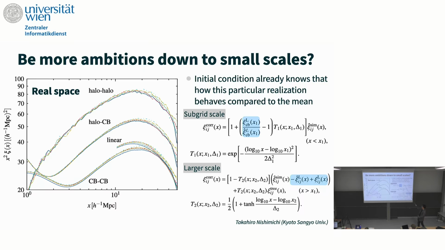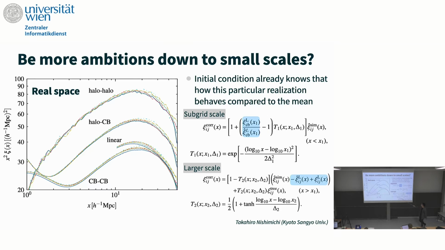Anyway, this is nasty, but on large scales, this one is the propagator. This is the direct simulation result with some correction to account for differences between realizations. On very small scales, we combine grid-based correlation function measurement and direct pair counting. On small scales, it's direct pair counting.